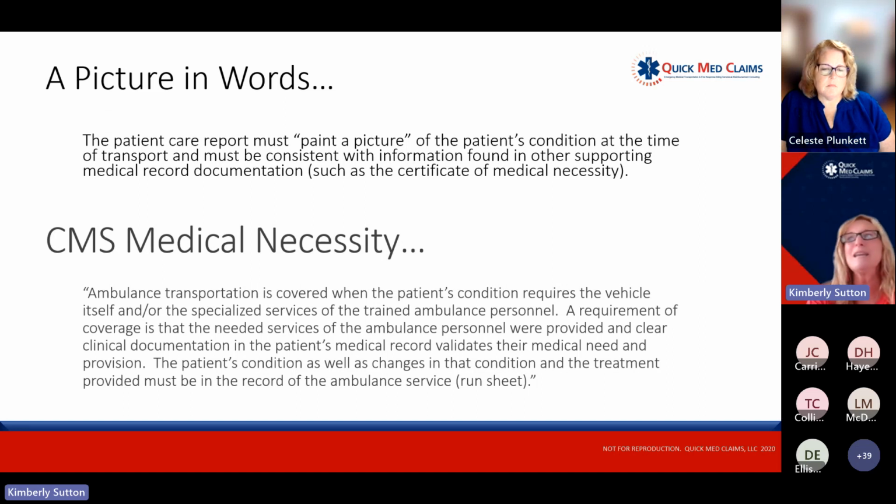Also look at what CMS defines as medical necessity. I know this is discussed a lot in the air and ground transport arena, and as a billing company, we look at what defines medical necessity, and we're going to take a look into how that is applicable within the charts that we're using.